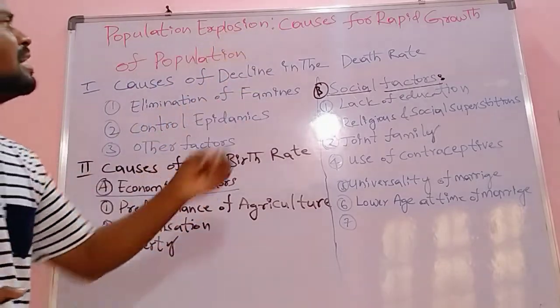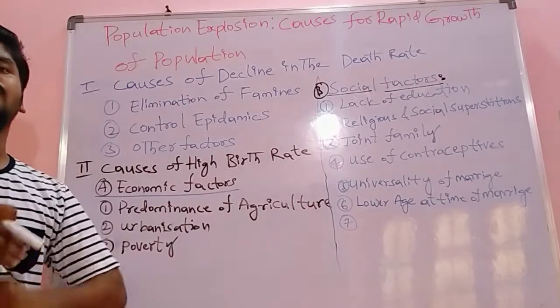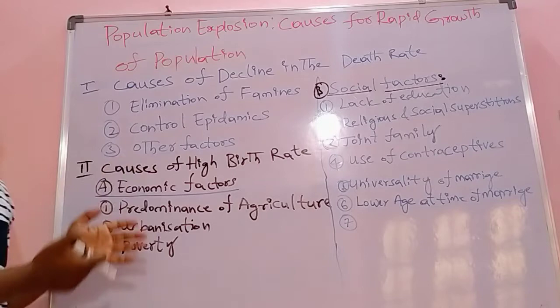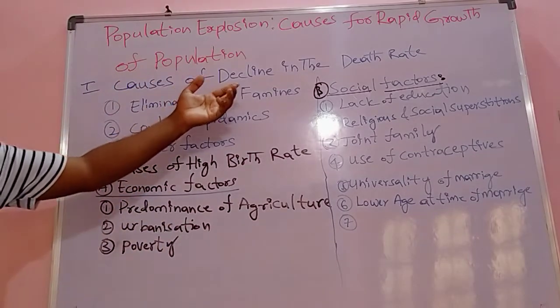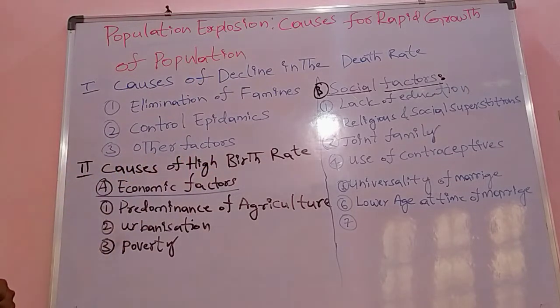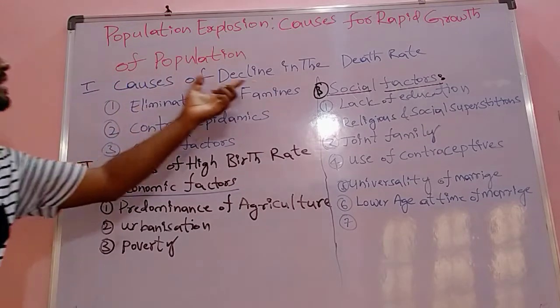Coming to the causes for rapid growth of population: why is there rapid growth of population in India? There are a number of causes. Just look here: causes for decline in the death rate and causes of high birth rate. First, the causes of decline in death rate.